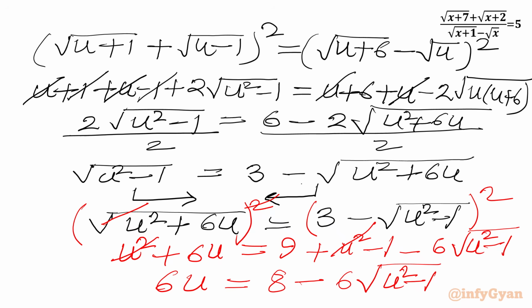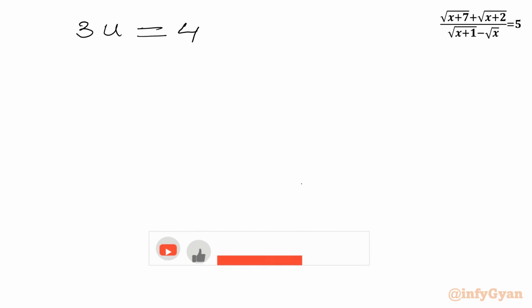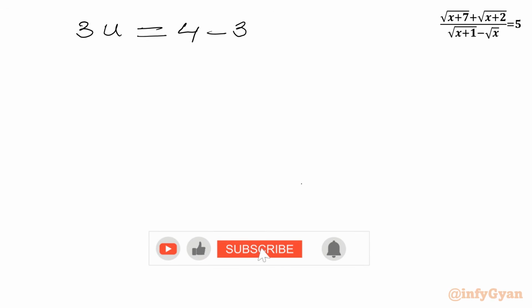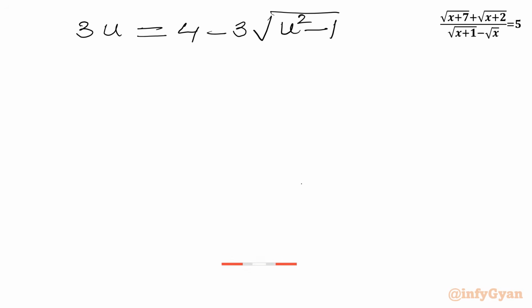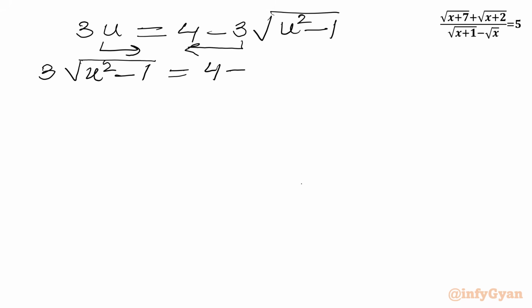So we will divide both sides by 2 and get 3u equal to 4 minus 3 times square root of u square minus 1. I will take the negative term to the LHS, 3u to the RHS. So 3 times square root of u square minus 1 will be in LHS. In right hand side there would be 4 minus 3u.